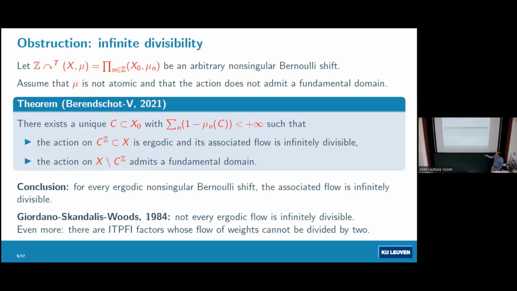And so in particular, the theorem is saying that for any ergodic Bernoulli shift, the associated flow must be infinitely divisible, yeah? Because then the C will be X0.